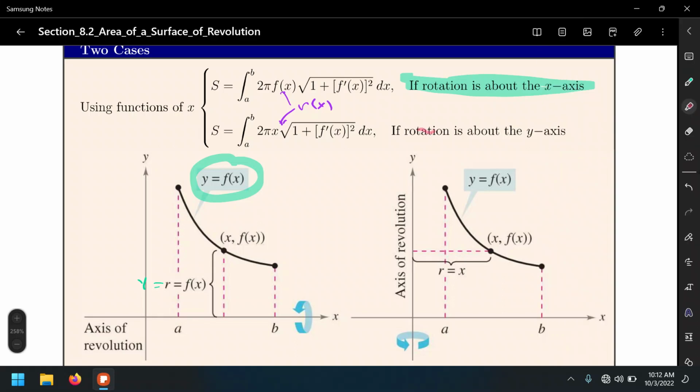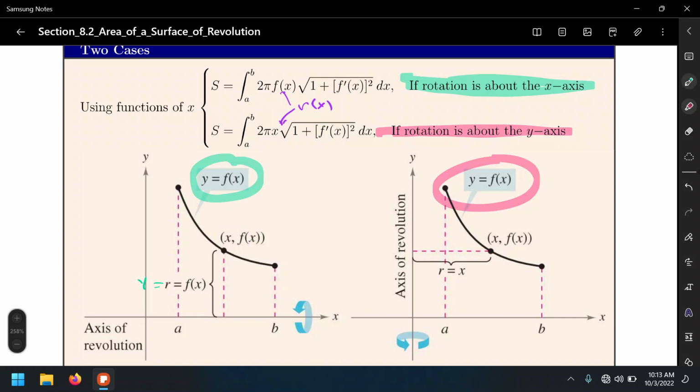Now, when we are rotating this same function f of x, notice this time we have a different setting. In this case, the rotation is about the y-axis. So we're going to rotate this region, this length, about the y-axis, but notice the distance from the axis of revolution to any point on the function that we are rotating is a horizontal distance.